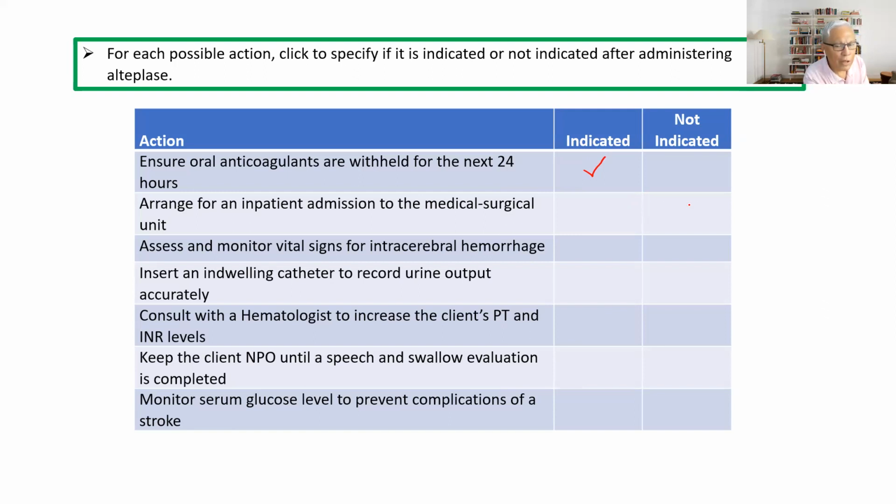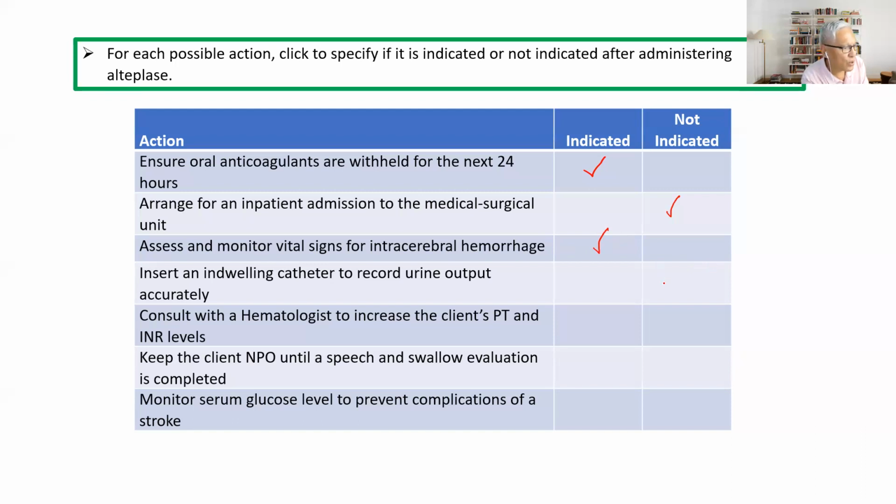Well, whenever we have a patient that has had alteplase, we have to put them in ICU. So this is not indicated. Assess and monitor vital signs for intracerebral hemorrhage. This would be indicated. Insert an indwelling catheter. You remember, no invasive procedures.